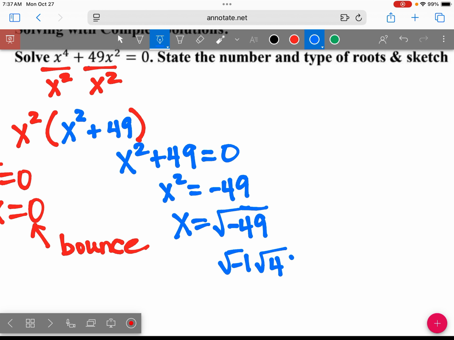We're going to leave the 49. The square root of -1 is i. And what's the square root of 49? 7. So x equals plus and minus 7i. That's my other two solutions. But these don't touch. So we're not going to graph these.